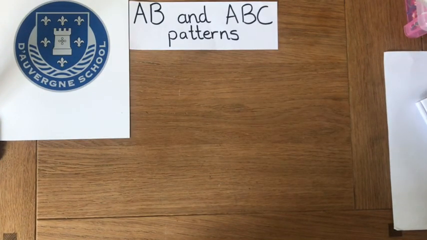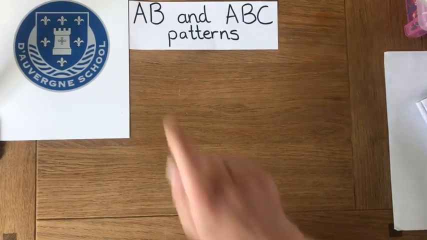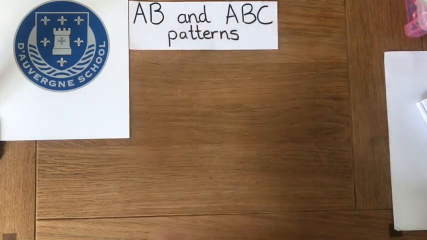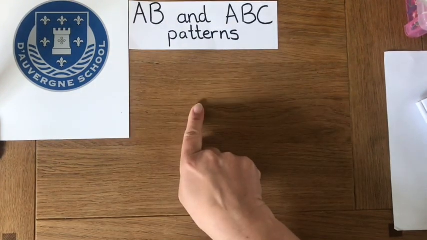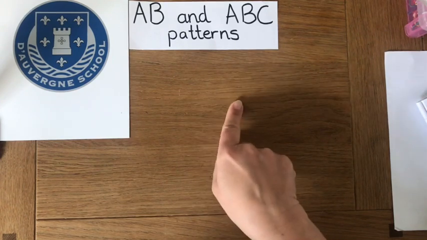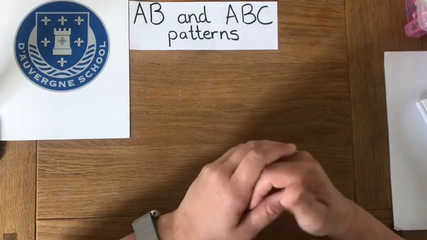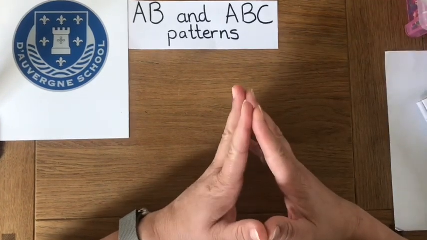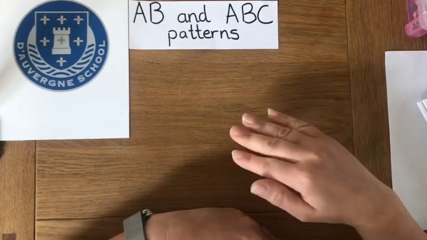When it's just two actions in a pattern, we call it an A-B pattern because it goes like this: A-B, A-B, A-B. We can make patterns using words like we found out in our story yesterday. We could do up, down, up, down.